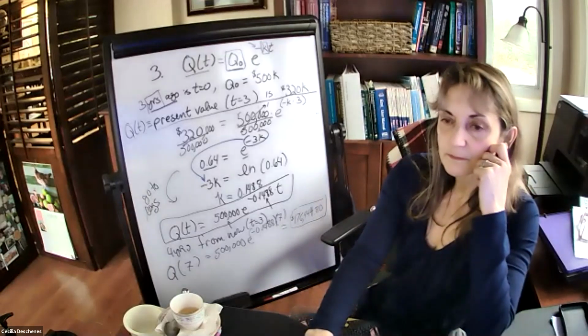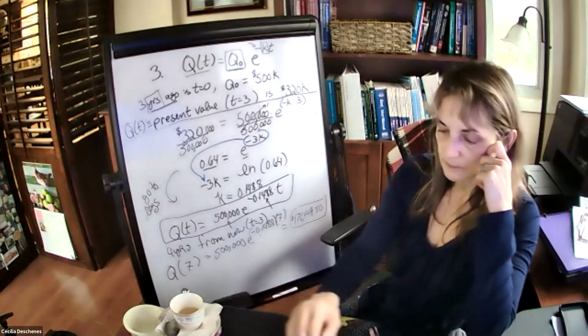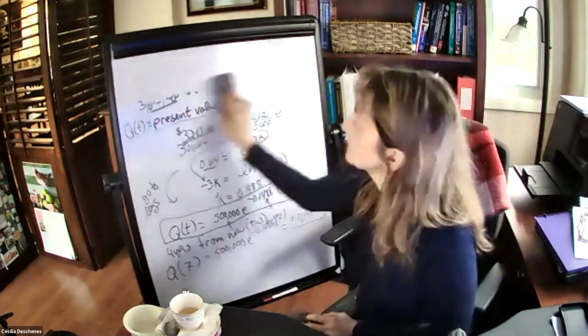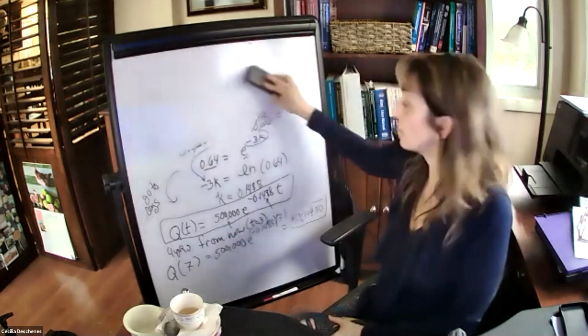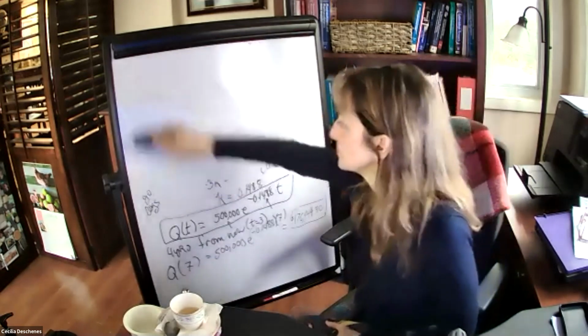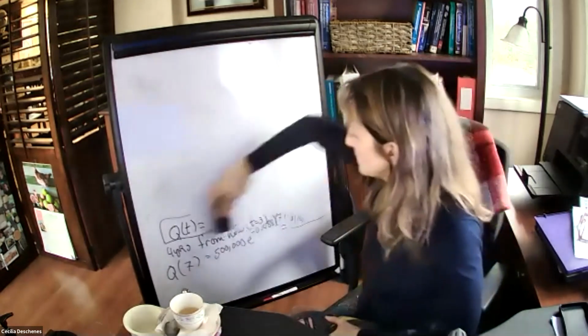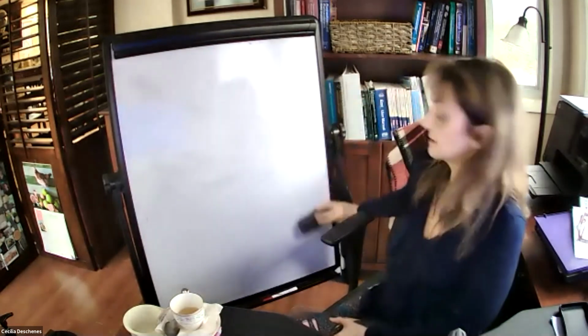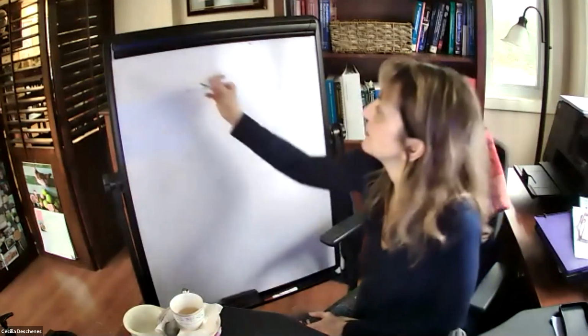The next problem says, this is a world population problem. And it says the world population at the beginning of 1990, so we're going to start with 1990, was 5.3 billion.